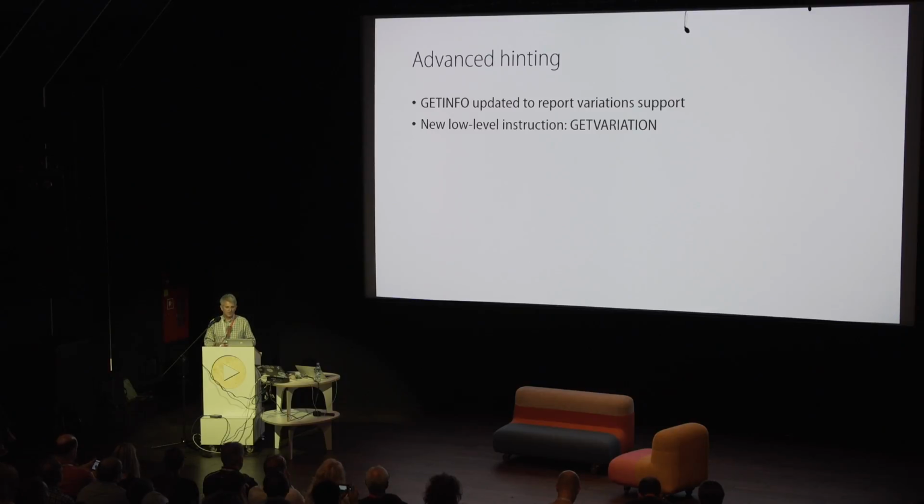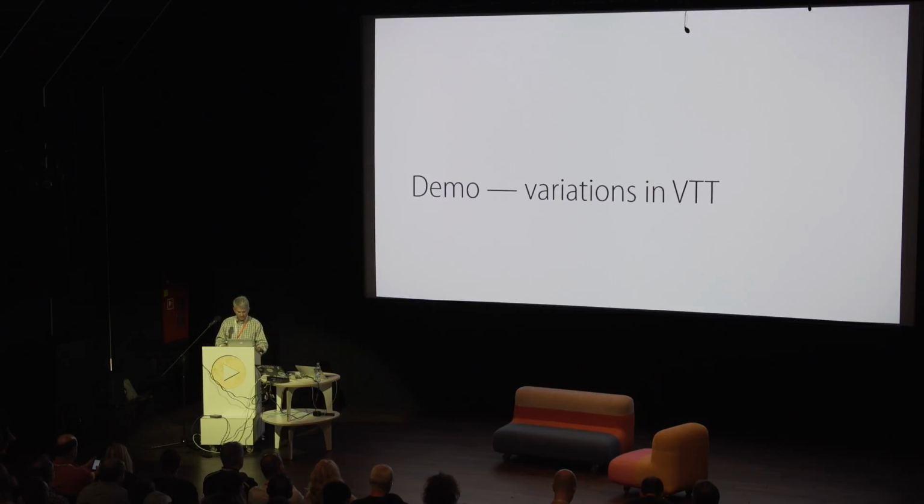The GETINFO instruction that already exists has been updated to be able to report whether the interpreter you're running with supports variations. And then there's a new GETVARIATION instruction that will report the axis values of the current instance so that you're able to do some conditional instructions.